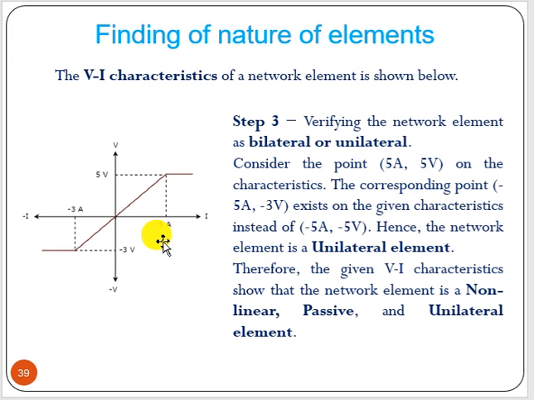And is it bilateral or unilateral? You have to take one point. This is the point where it is 5 amp and 5 volt, right? But here it is minus 3 volt, minus 3 amp. So these two points are different, not the same. That means it is a unilateral element. So this characteristic is for a linear passive unilateral element.